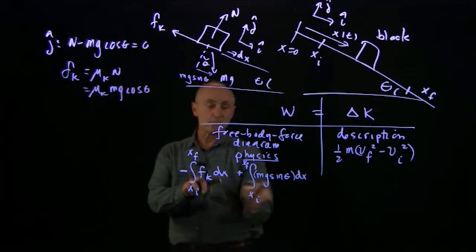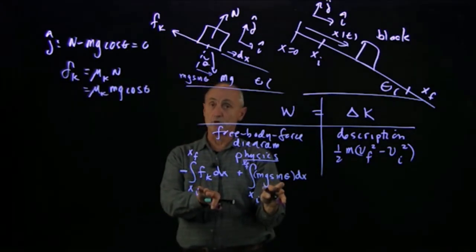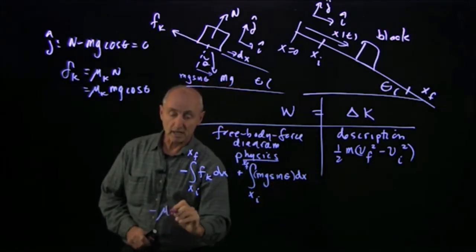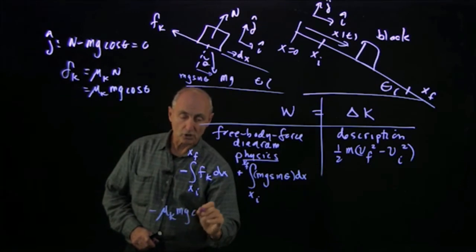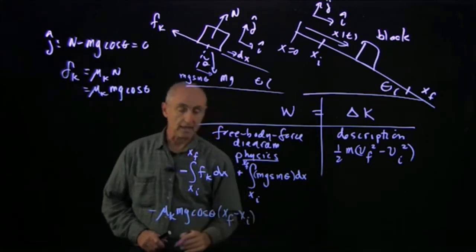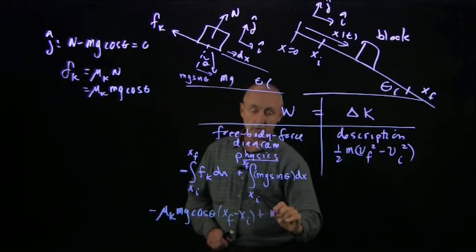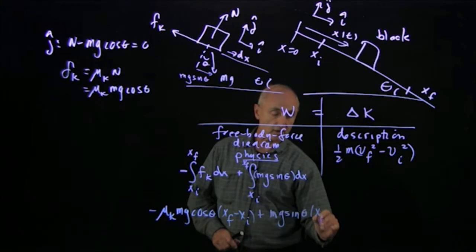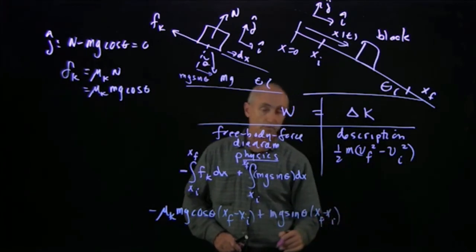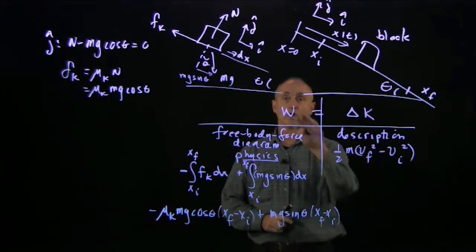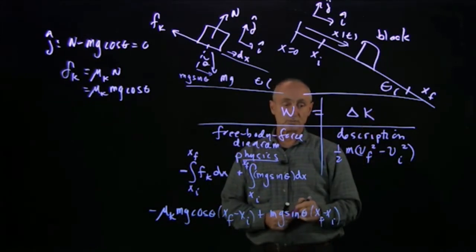Then in both instances we have a constant force, so it's just force times displacement. So we have minus mu k mg cosine theta times the displacement, which is x final minus x initial. Over here we have mg sine theta times x final minus x initial. And now we've calculated separately both sides of our work kinetic energy principle.